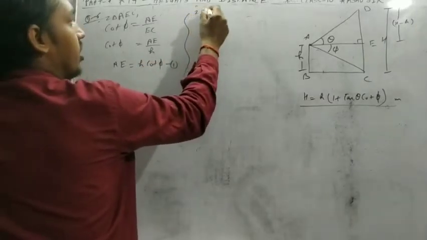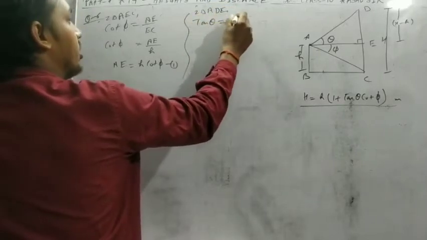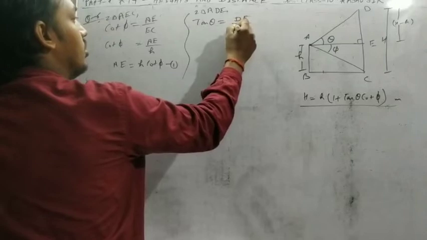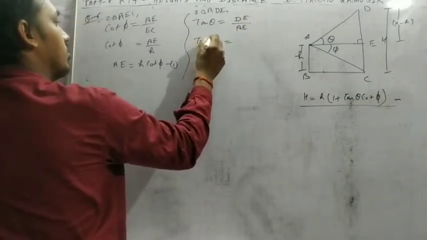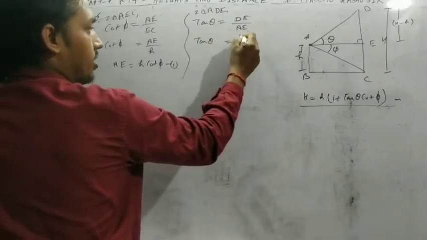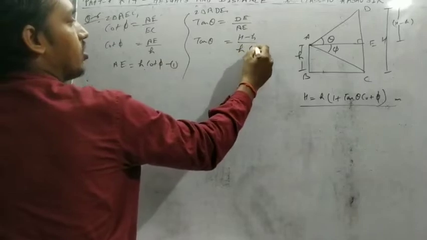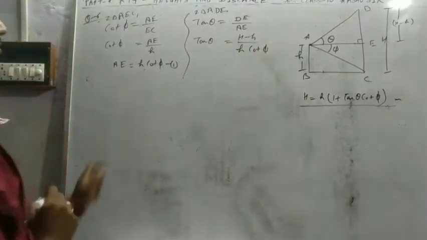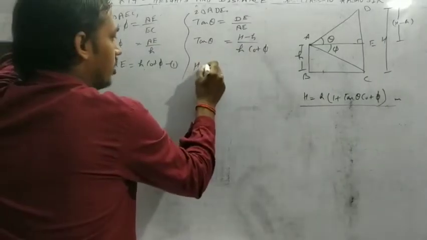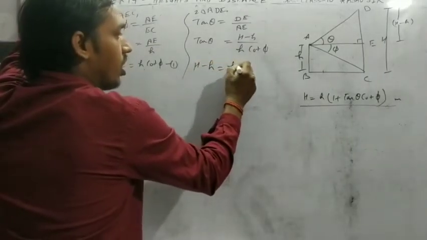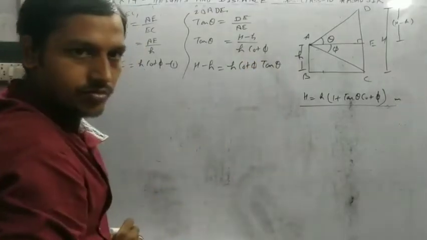We use triangle ADE, tan theta is DE upon AE. DE is H minus H, and AE is H cot phi from the first equation. Then cross multiply. H minus H is equal to H cot phi tan theta.